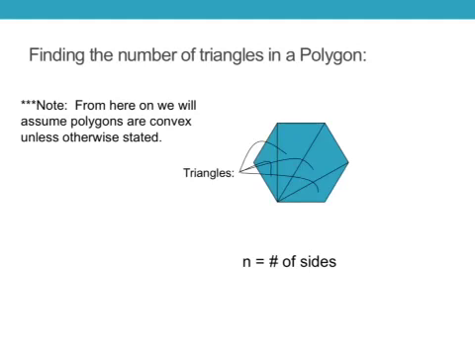So if we break up the polygon with diagonals, which connect non-consecutive vertices, then we break our polygon up into a certain number of triangles, okay? And you can see each of these triangles here, 1, 2, 3, 4, okay? So this is a 1, 2, 3, 4, 5, 6-sided figure, which gives me 4 triangles. We're going to do an investigation in class that helps you remember this.